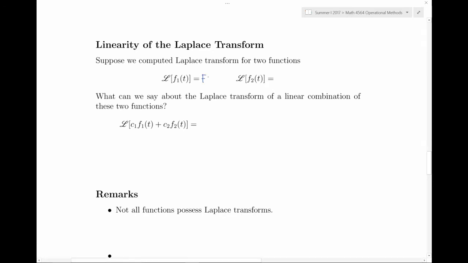So if the Laplace transforms of two functions are pre-computed, then the Laplace transform of any linear combination of these two functions is going to be the integral from 0 to infinity of the linear combination, and then we can use the linearity of integration to say that this is going to be c1 times the integral from 0 to infinity of f1 e to the minus st dt plus c2 times the integral from 0 to infinity of f2 e to the minus st.